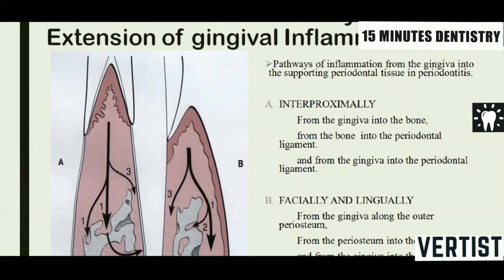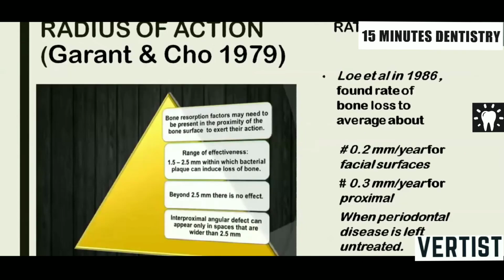Facially, you can see from gingiva to the periosteum, again from gingiva to the periodontal ligament. So this is the way in which the extension of gingival inflammation decides the pattern of bone loss. Now, a very important second part in the bone loss is radius of action.